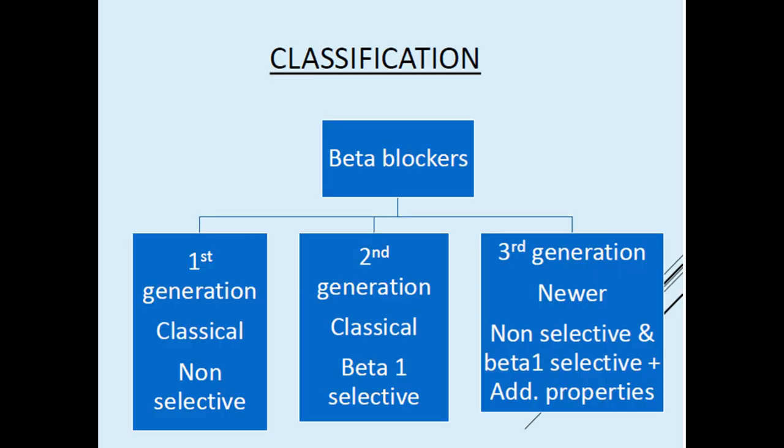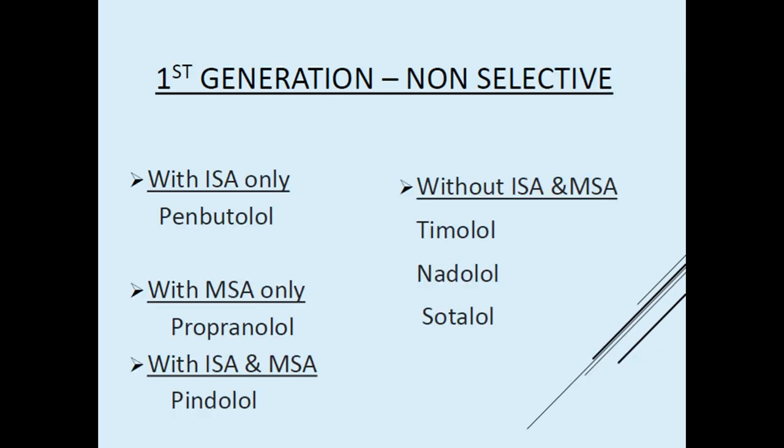If you classify the beta blocker, you can classify into three categories: first generation, second generation, and third generation. First generation are classical non-selective; second generation, classical beta 1 selective; and third generation non-selective, and in some cases beta 1 selective with some additional properties.